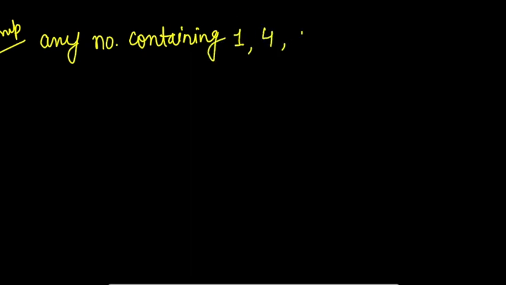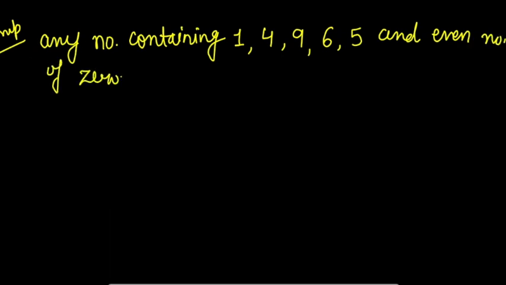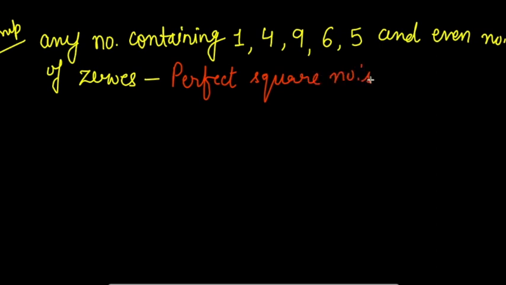Any given number containing 1, 4, 9, 6, 5 and an even number of zeros is said to be a perfect square number, right?